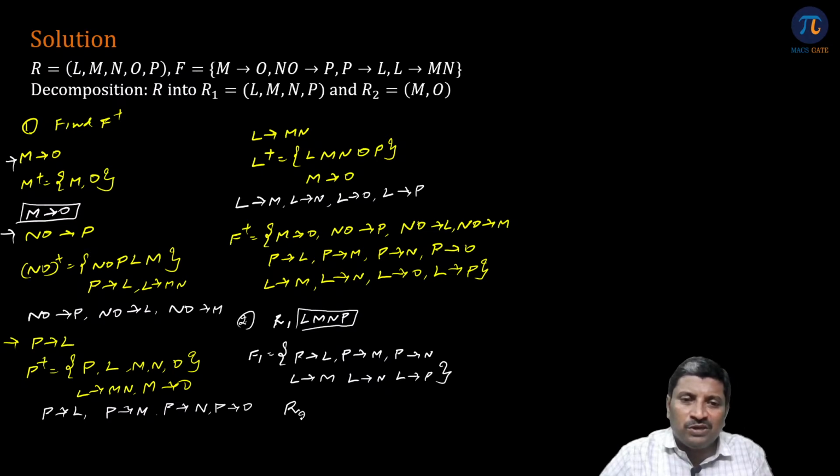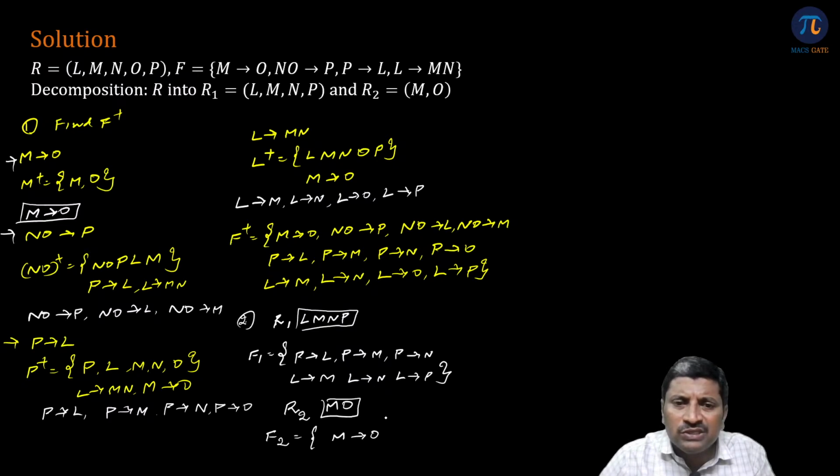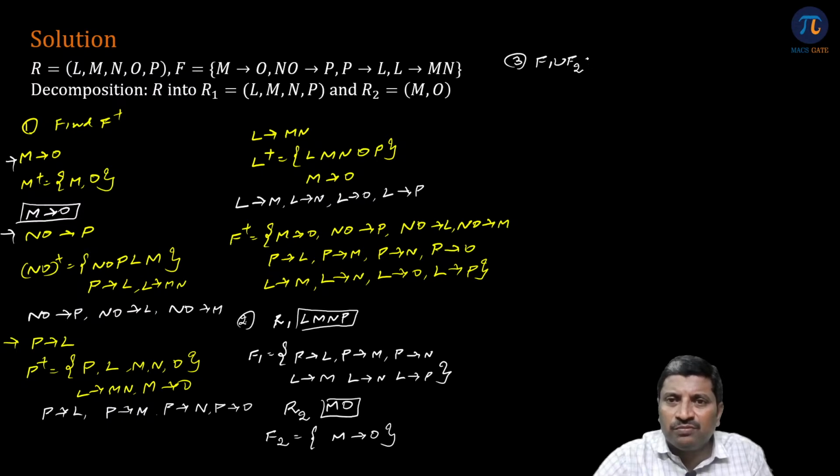What is R2, sir? MO. We need to write the FDs of only MO. With only MO, what do you have? M goes to O, okay. Anything else? No, sir. That's it. What is the third step? F1 union F2. What you are having, sir?